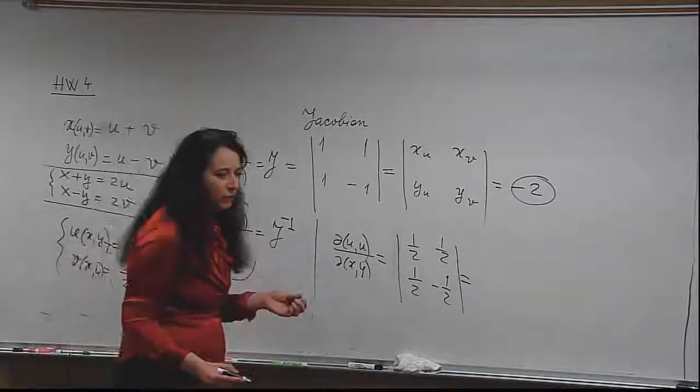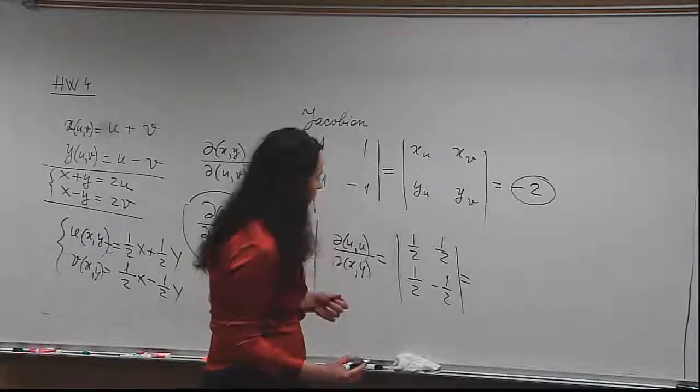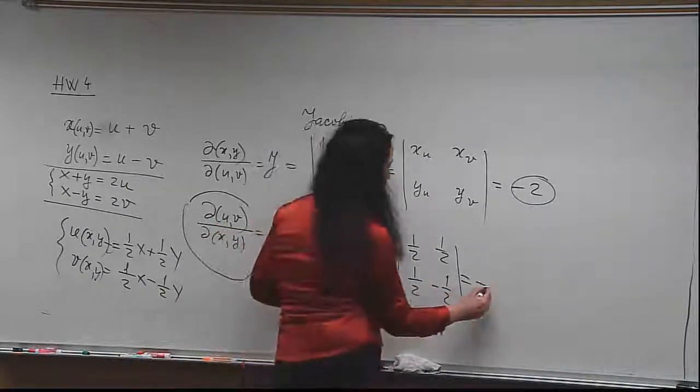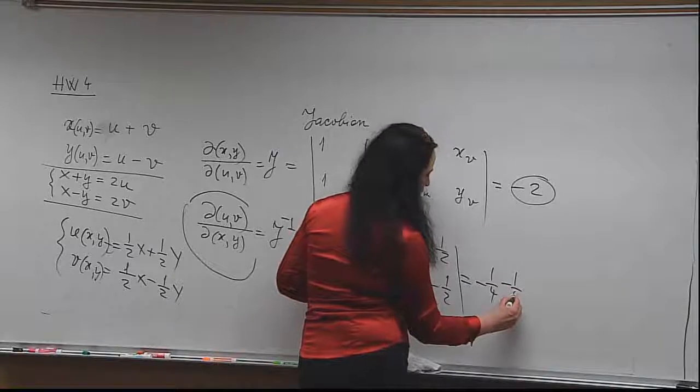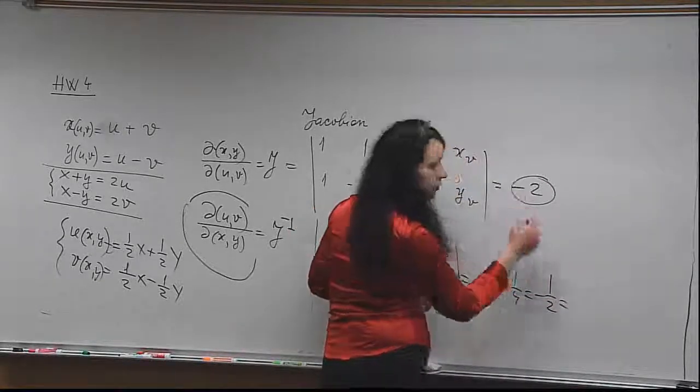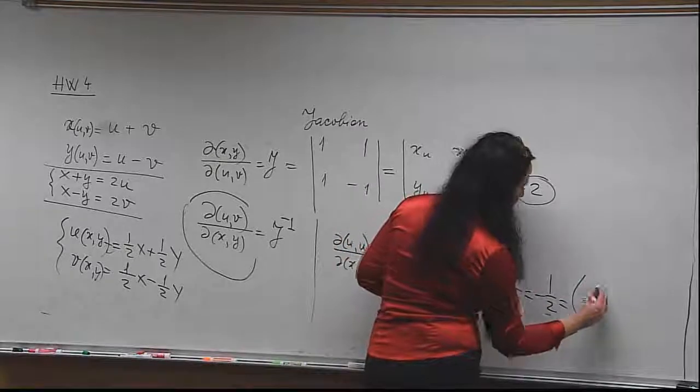And guess what I get? Exactly what Matthew was saying, but I did it the long way. I got minus 1/4, minus 1/4, which is minus 1/2, which is the inverse of that.